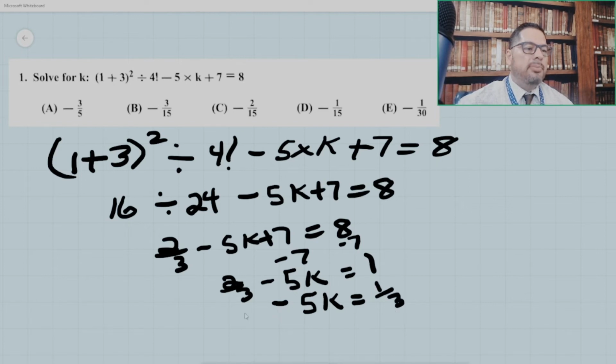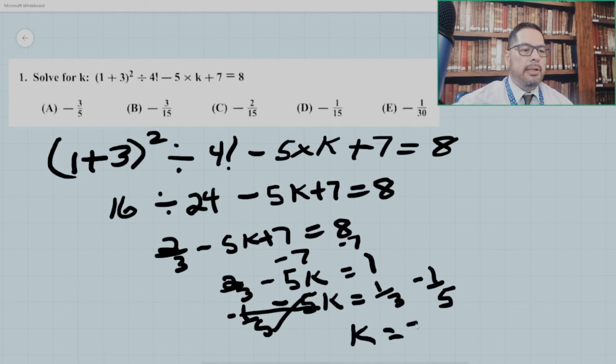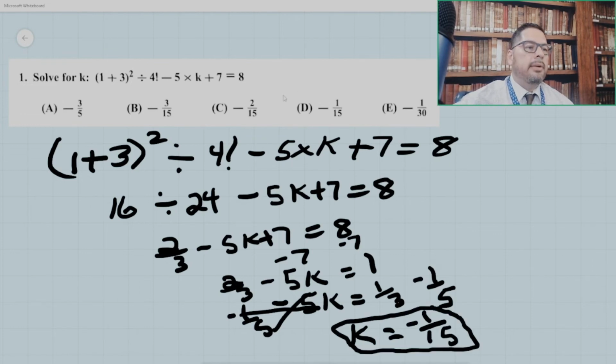Multiply both sides by negative 1/5, canceling on the left-hand side, and we get k is equal to negative 1/15. All right, k is equal to negative 1/15, and the answer is D.